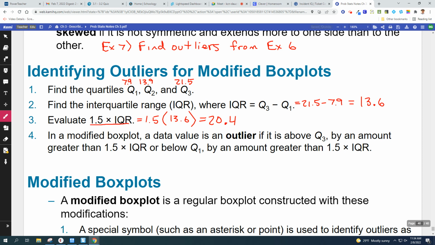So in a modified box plot, a data value is an outlier if it is above Q3 by an amount greater than 1.5 IQR or below Q1 by an amount greater than that. Essentially what we have to do is say Q3 plus 20.4 and Q1 minus 20.4.